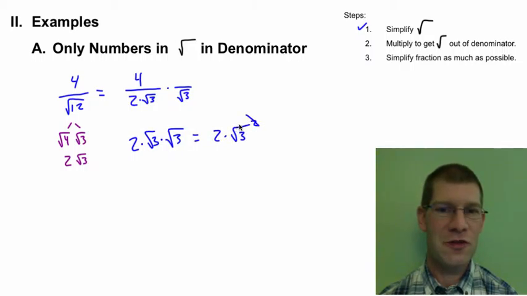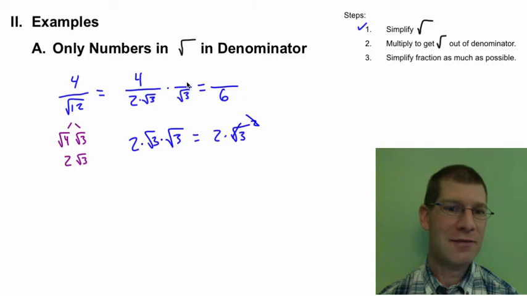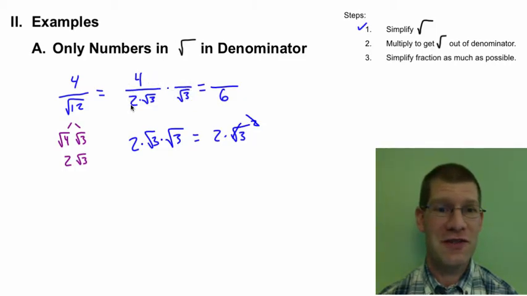And when you do that, the squared and the square root just cancel each other out. So the denominator becomes 2 times 3, or just 6. But by multiplying by 1 over the square root of 3, I just changed the value of my fraction.